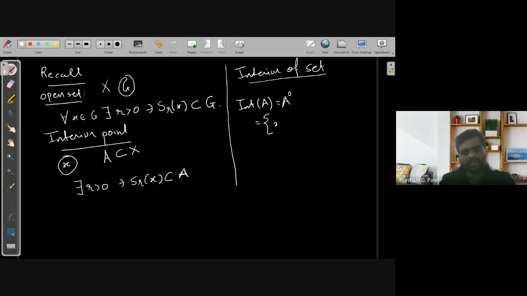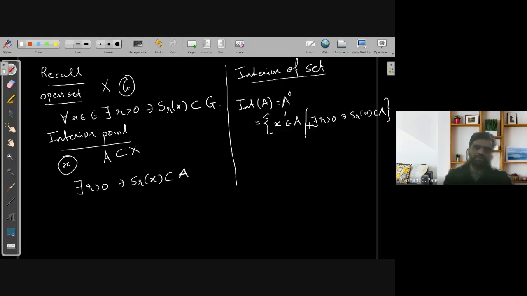It is the set of all points x belongs to A such that there exists r greater than 0 such that S_r(x) will be a subset of A. So that means all those points which are interior points of that set. In particular, I can say the set of all interior points forms the interior of A.